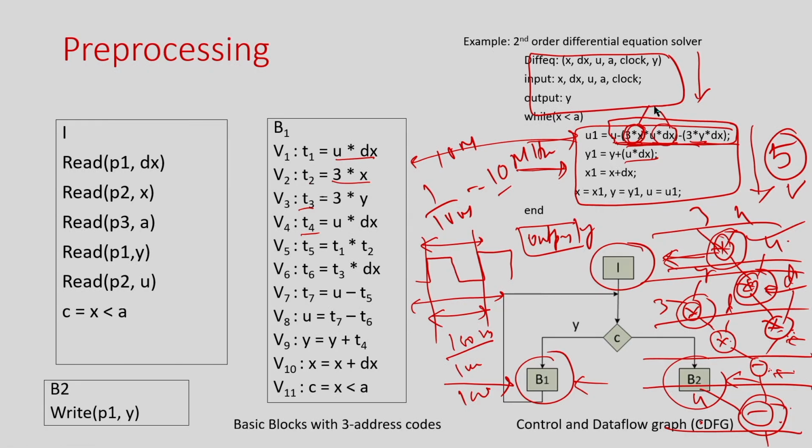If I just multiply T1 and T2, I will get this expression, right. So, I am just doing T1 into T2. Similarly, 3 and y is basically my T3. So, then T3 into dx I will get that 3 into y into dx. So, this is how I will just break this bigger expression into smaller 3 address form.